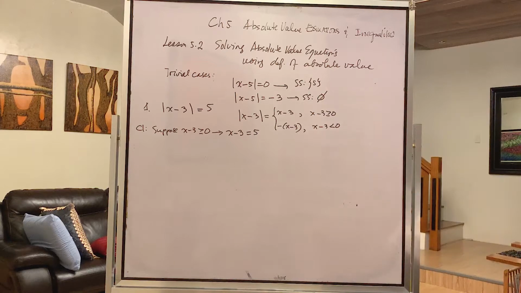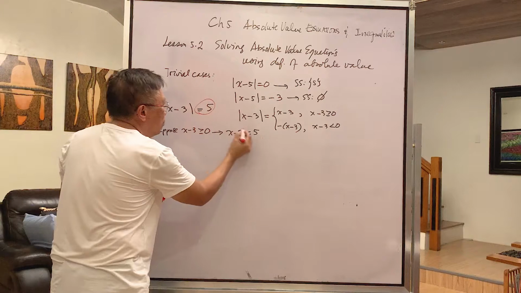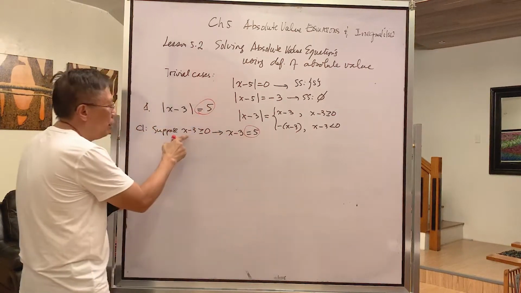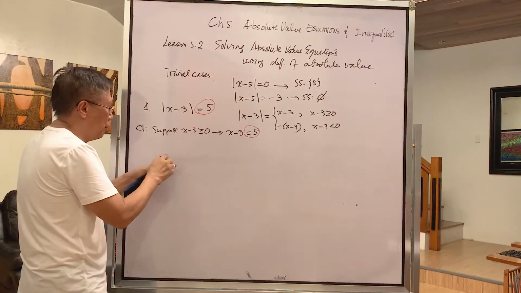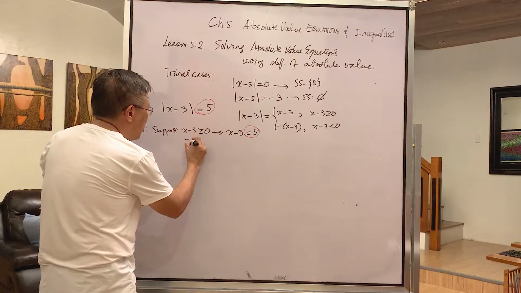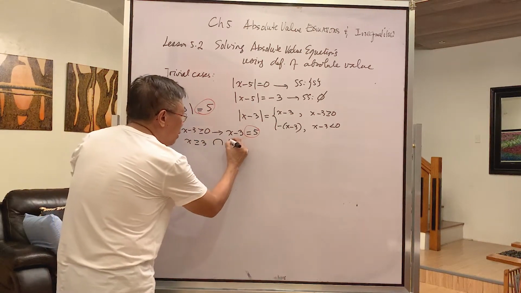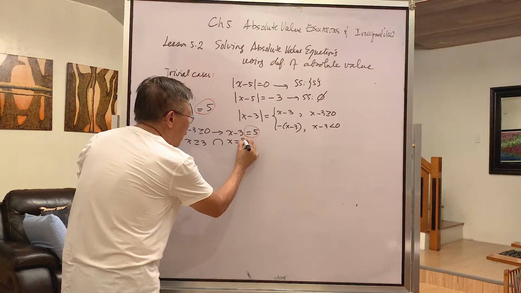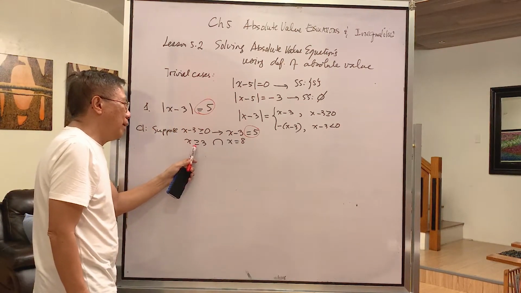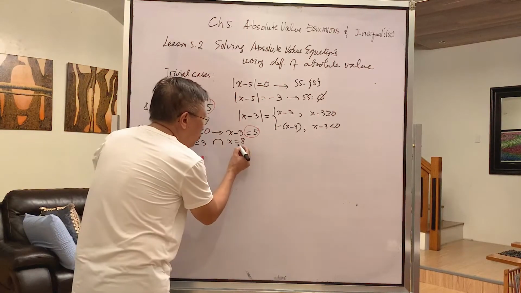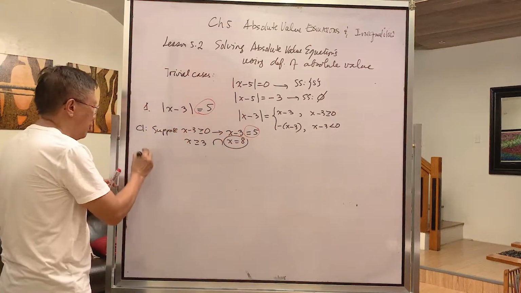Remember, 5 here is a constant, so this one should not be changed in our redefining of this absolute value expression. So we are going to solve this, with x greater than or equal to 3. Intersection, x equals 8. If you will notice, x greater than or equal to 3 is going to the right and it will pass through x equals 8. So the intersection should be x equals 8.